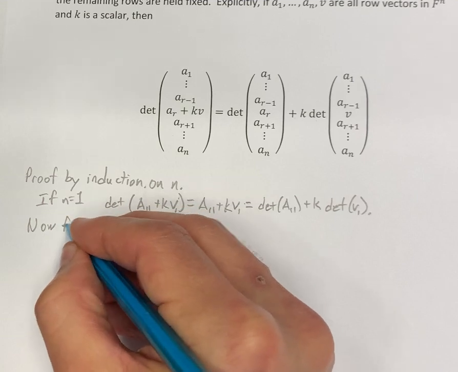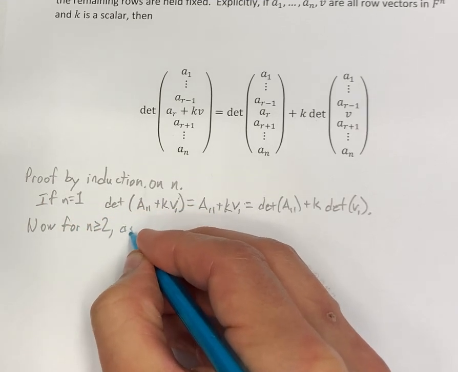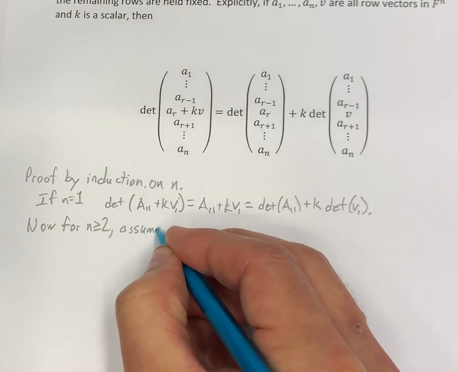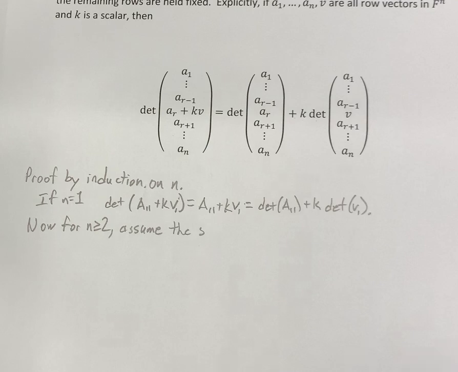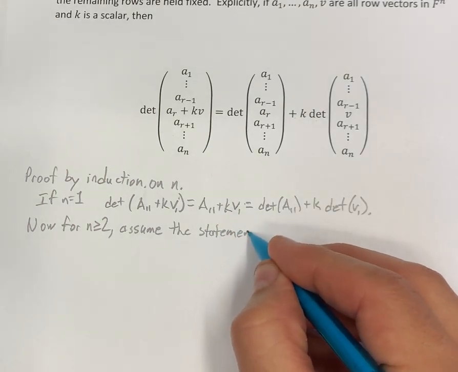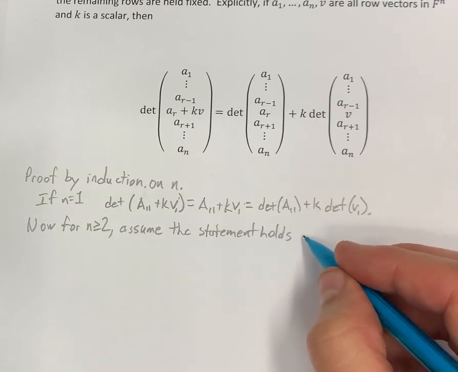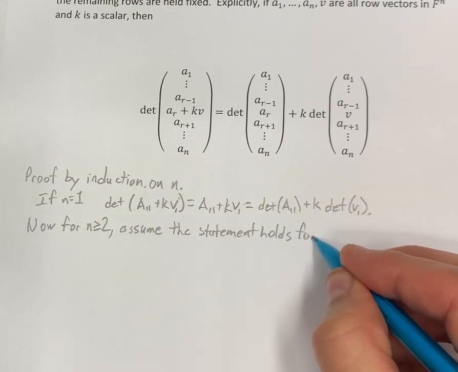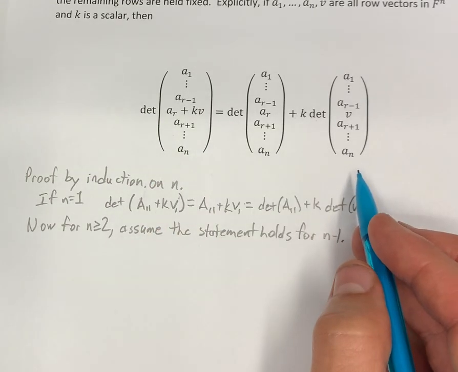Now, for n greater than or equal to 2, assume the statement holds for n minus 1. So we've got this statement above for n minus 1.